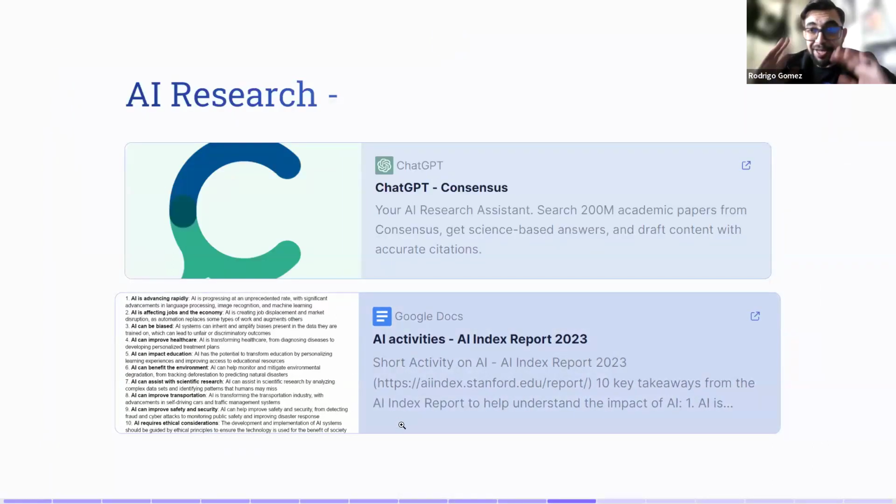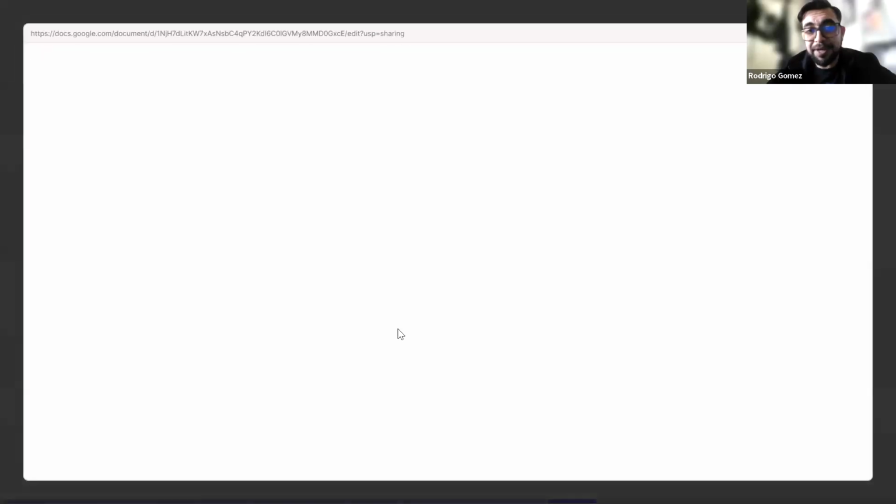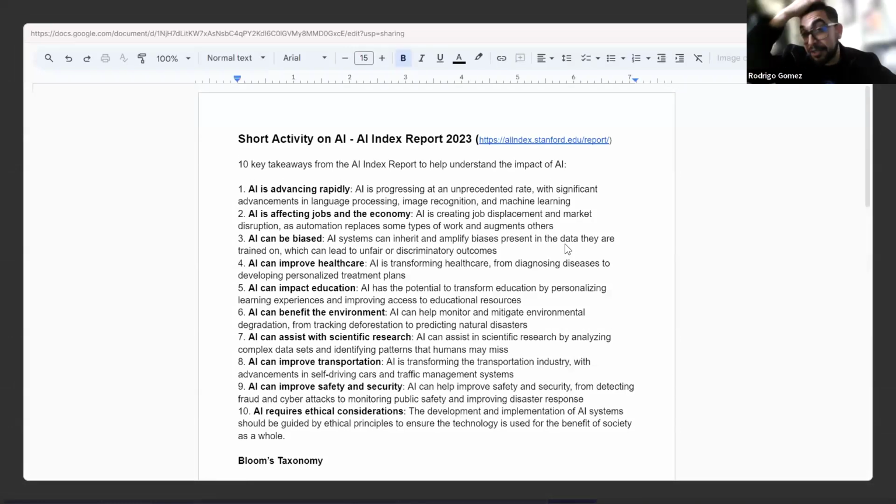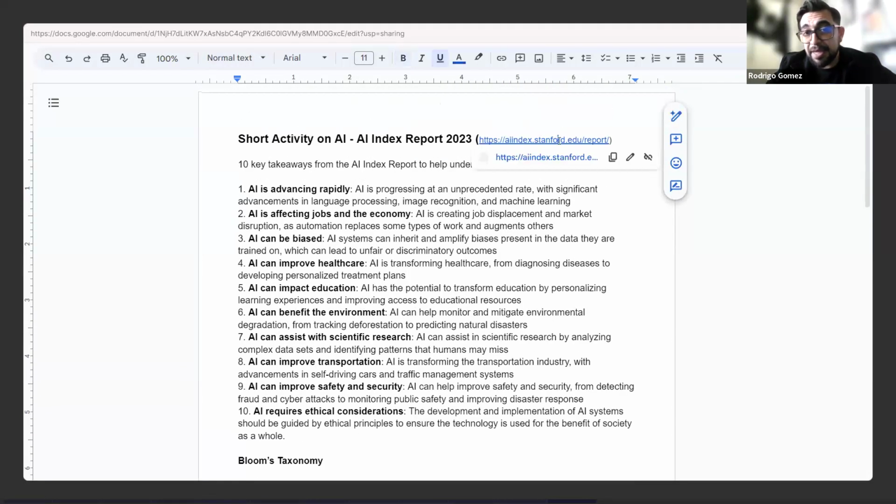As far as just analog activities that you can do, I also point here to something that I did in 2023 with my students when I realized that AI was going to be very dominant, a very big thing. We kind of went at these questions. I showed them the AI Index Stanford report that came out in 2023, and I said, activity time, let's dive in.